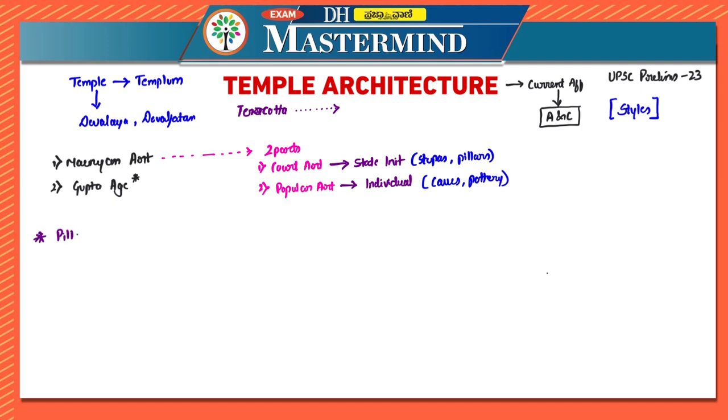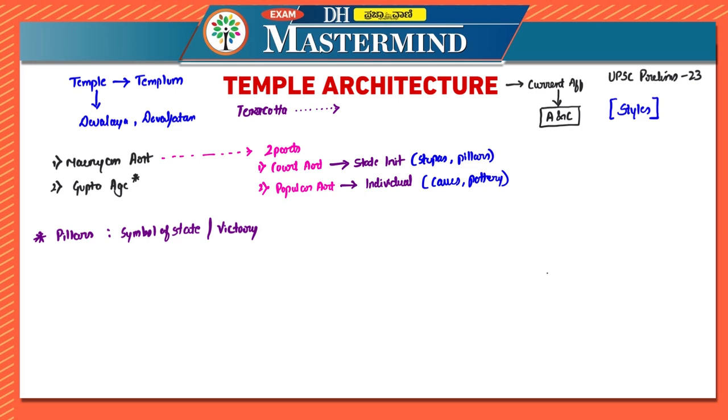Let's quickly look at all the basics. First one is pillars. Now, what was the motive behind pillars? It was the symbol of the state, and it would commemorate the victory of that particular king.